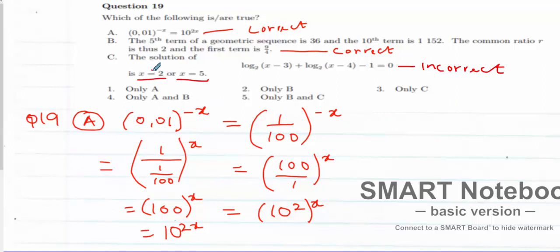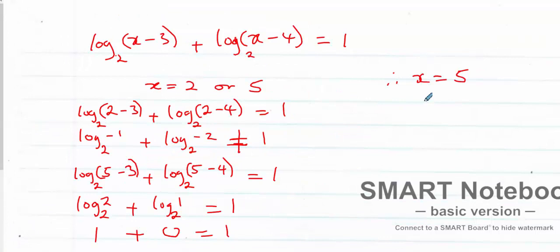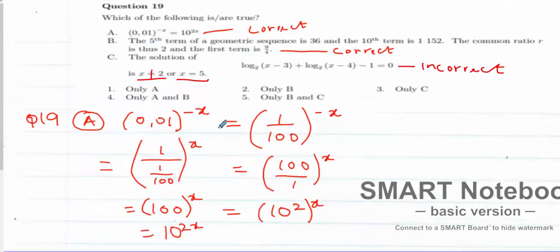Only x equal to 5 is satisfied. This x equal to 5 satisfies only one condition. So which means our x can never be equal to 2 from what we did here. From what we did here, x is only 5, not 2. So therefore, we conclude that this statement C is incorrect.